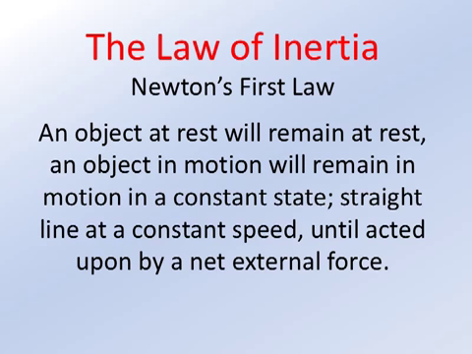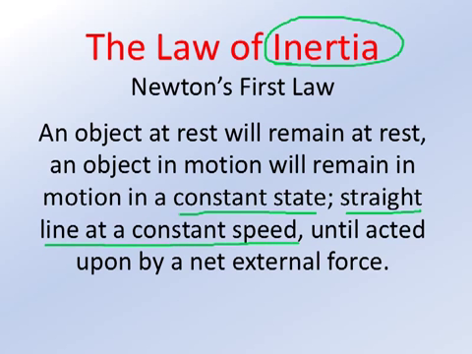There are 3 important parts that I want you to focus on when studying this law. The first one is the term inertia. We're going to talk about that in great detail in this video. The second thing I want you to remember about this law is the constant state, straight line at a constant speed.